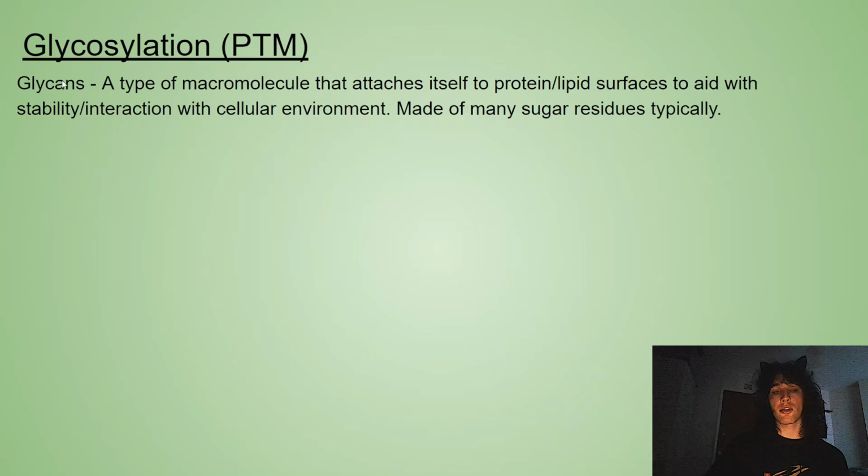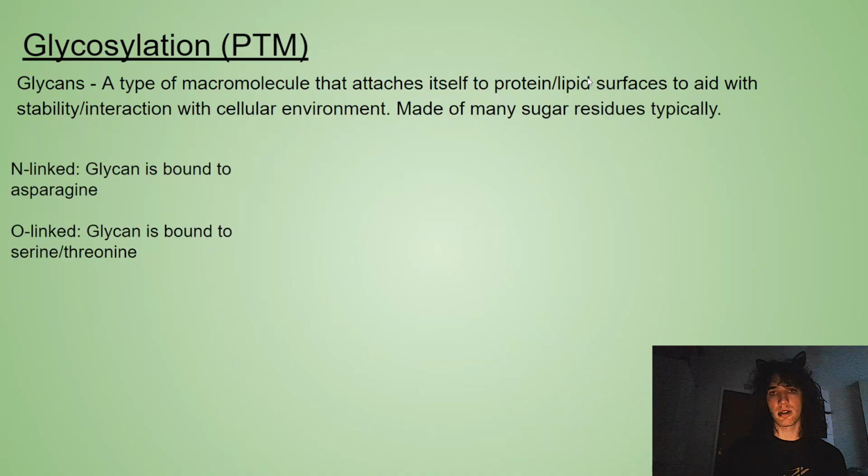So if you don't have the correct glycans, or too much of them, or not enough of them, your protein's function will be hindered, right? And they're made of sugar residues, essentially, typically. So if it is an N-linked glycan, it is bound to asparagine, and if it's an O-linked glycan, it is bound to the amino acid serine or threonine.